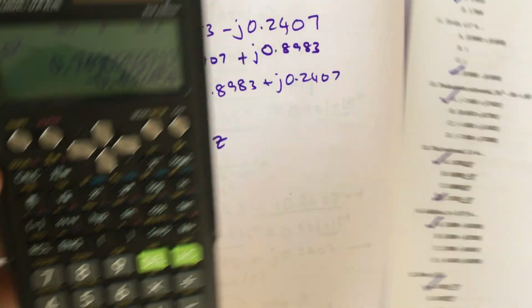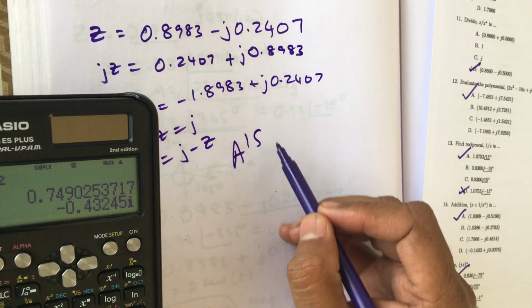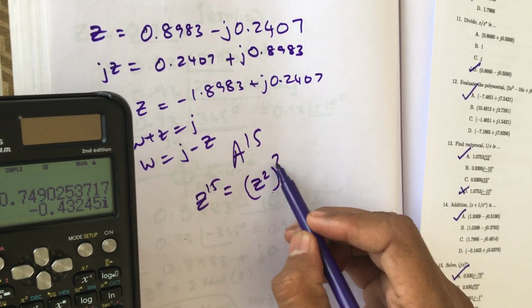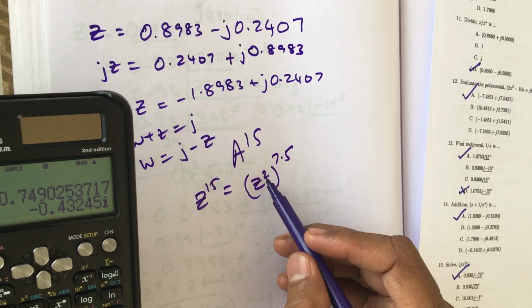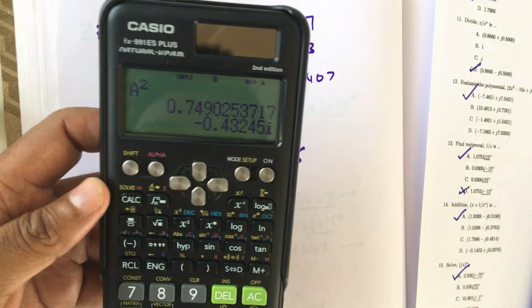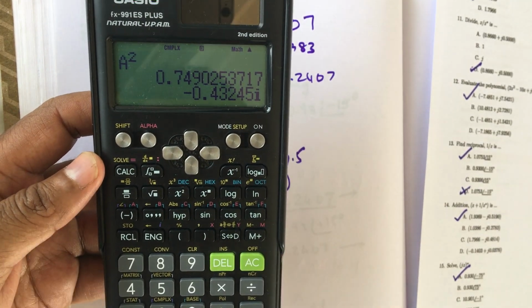So I got a square first. Now z to the power of 15 is z square to the power of 7.5, right? 2 into 7.5.